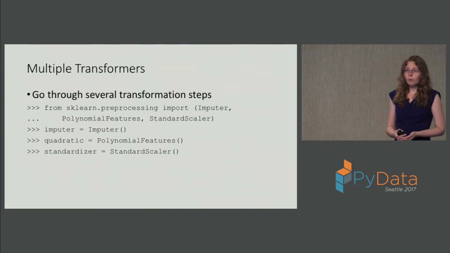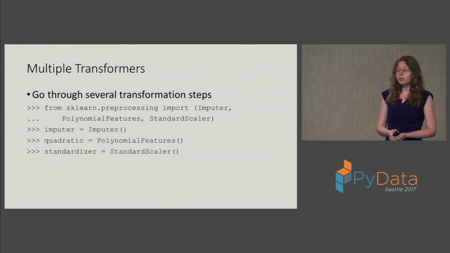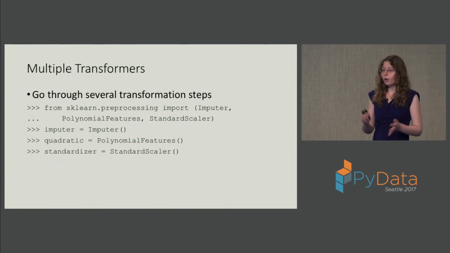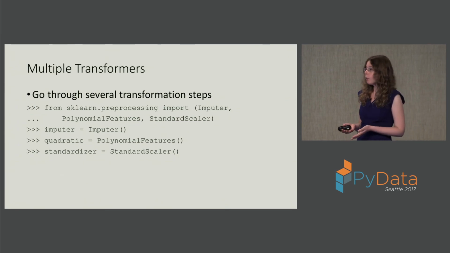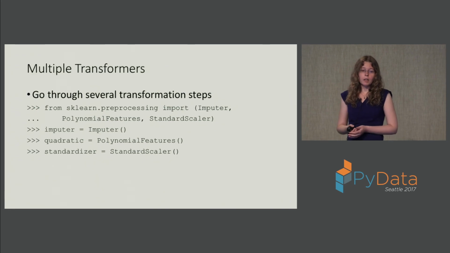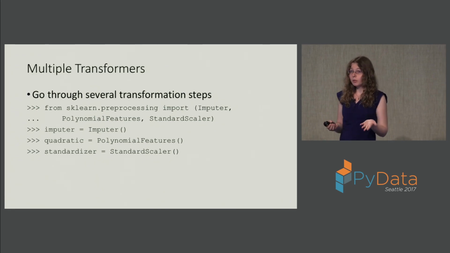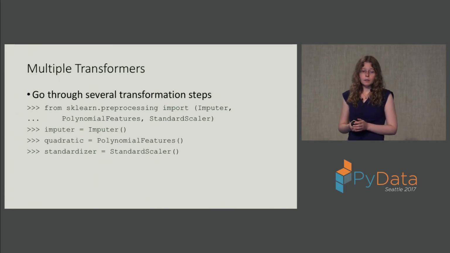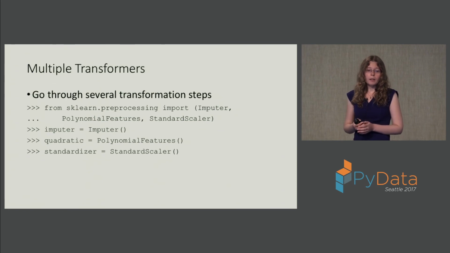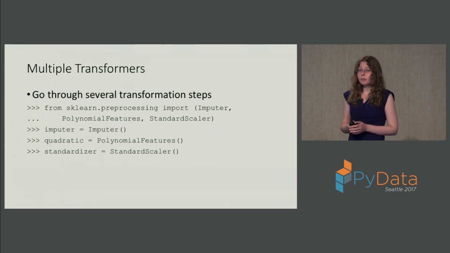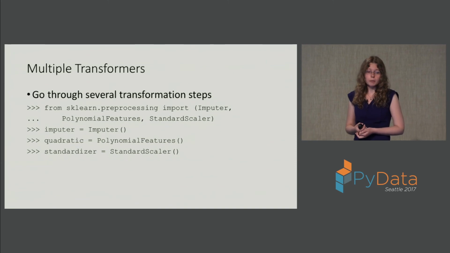All right. Well, sometimes you want to go through multiple transformations in the course of feature engineering. So say first we want to impute the missing values, and for that there's a built-in imputer class. Then maybe we want to throw in some interactions and square the variable. So by default, the polynomial features class will just do the second degree polynomials.